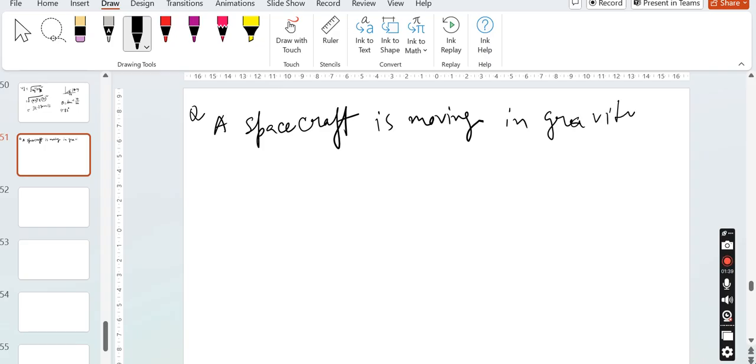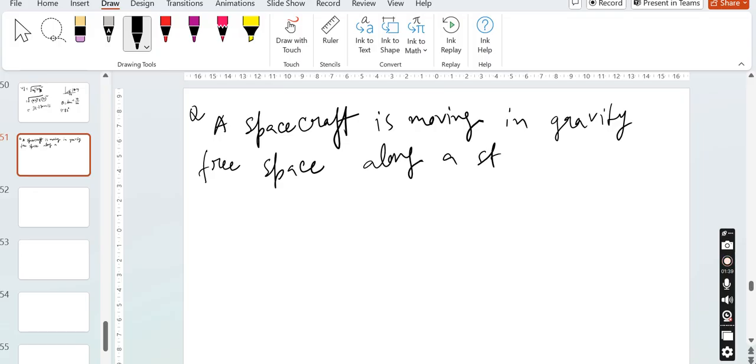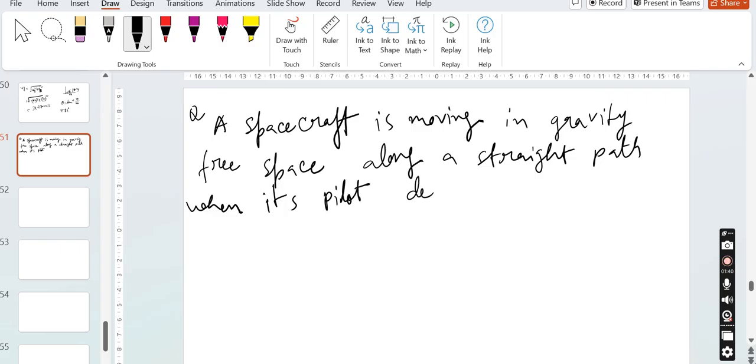A rocket is in gravity free space along a straight path when its pilot decides to accelerate forward.